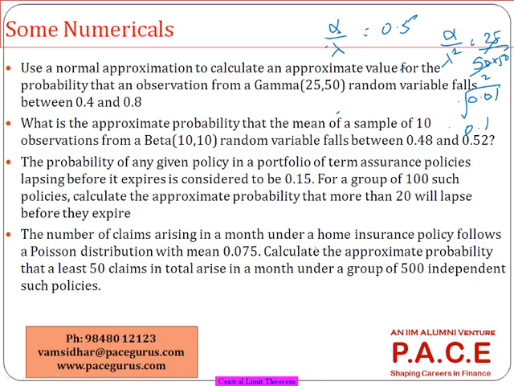Without doing too much of gamma and trying to find all those things, at least we can do an approximation. It will not be exactly equal, but to a large extent we can bring the approximation in a much better manner. So from any distribution we can think of the same. What is the approximate probability that the mean of a sample of 10 observations from a beta 10, 10 distribution falls between 0.48 and 0.52?